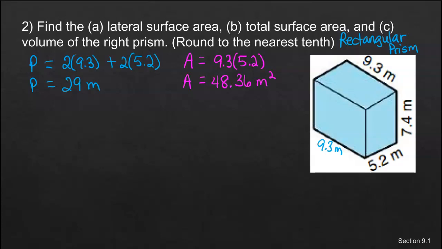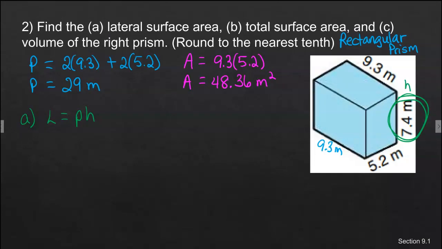And then I'm just going to go through just like I did on the previous question and substitute in. So my lateral area is perimeter times the height. So this is my height since I used those other numbers for my base, right? I used the base on the bottom, so the height between those two pieces, the top and bottom, is going to be the 7.4. So that is sometimes a mistake students might make, so be careful with that.